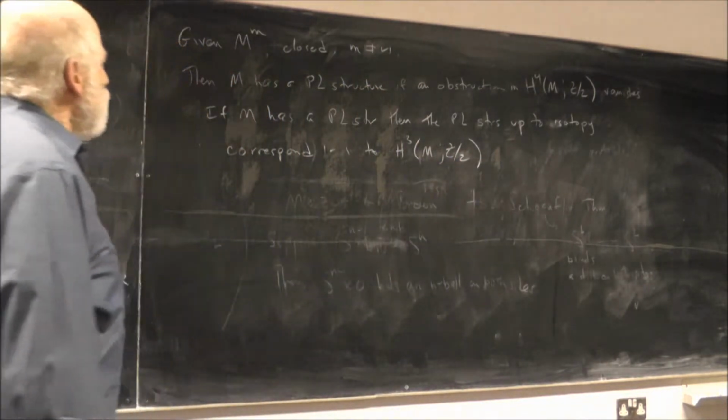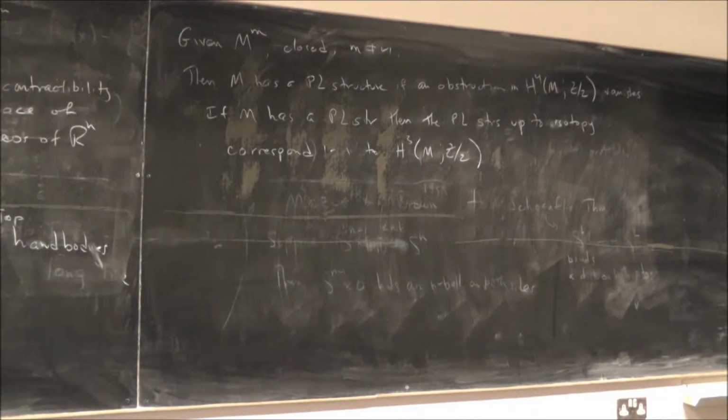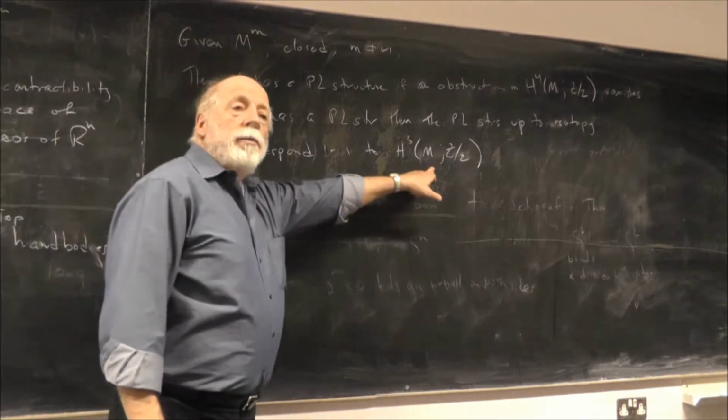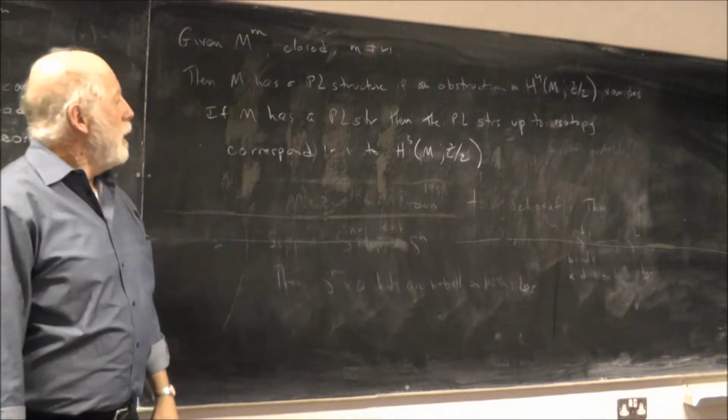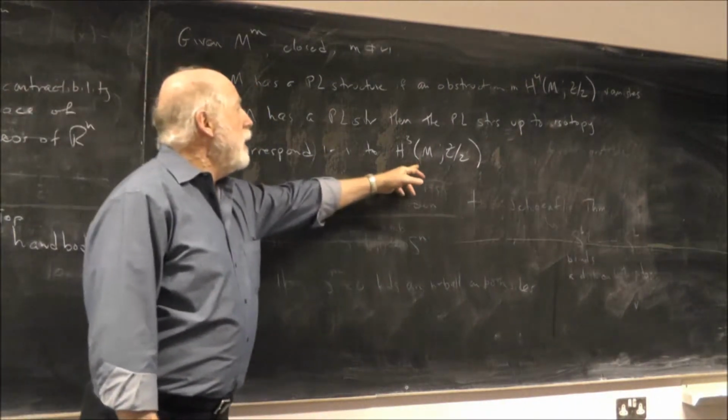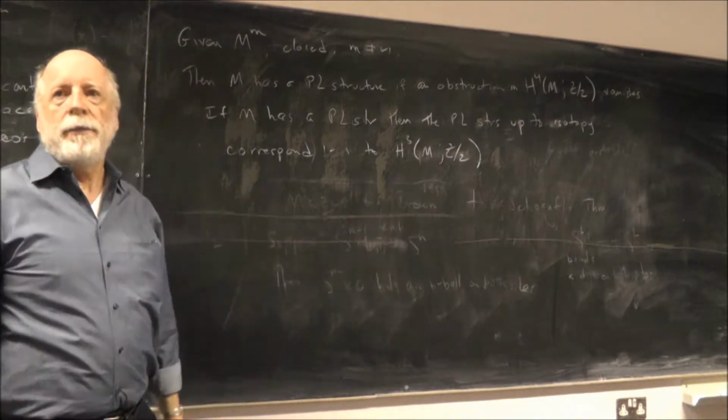So if M has a PL structure, this is how many it has, whatever this group is. And if they have the same invariant here, then you can just move one to the other by an isotopy.